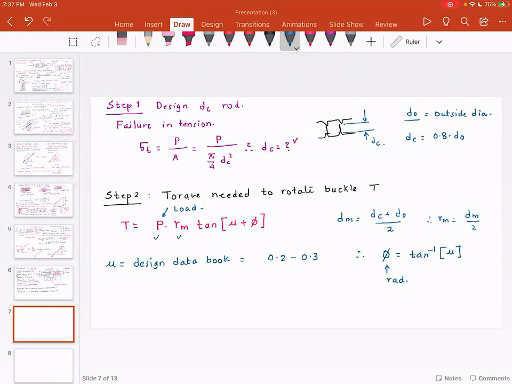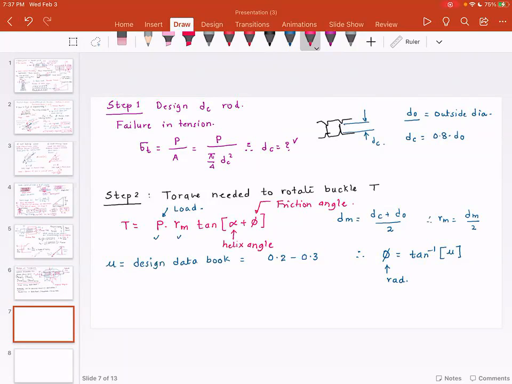Then to find out the value of alpha, so this is alpha, the helix angle, and this is the friction angle. So please note I made a mistake. It's alpha plus phi.